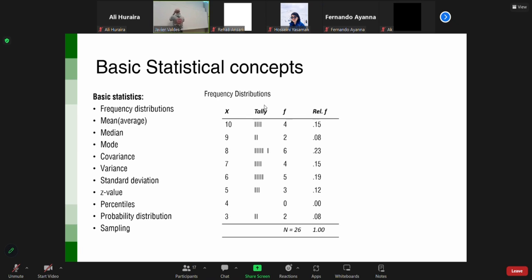We have different values. And the only thing that we are doing for the moment is just counting. 1x means that it is present in my sample.